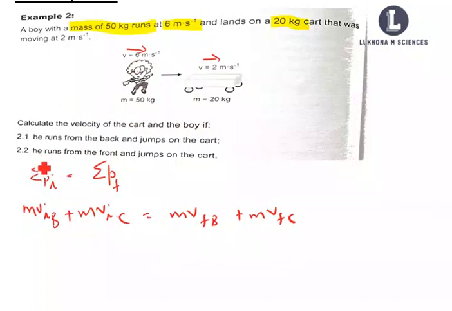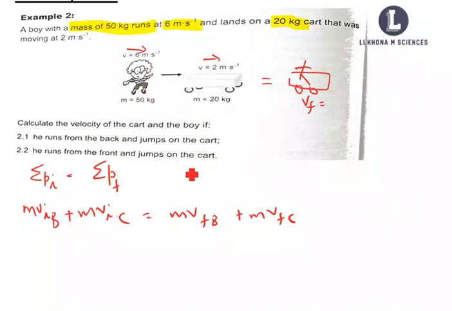Now we are looking for the final velocity of the boy and the cat, right? Remember they will move together at last with one velocity. They will have one common velocity. Okay, they will have only one velocity after the boy jumped onto the cat.